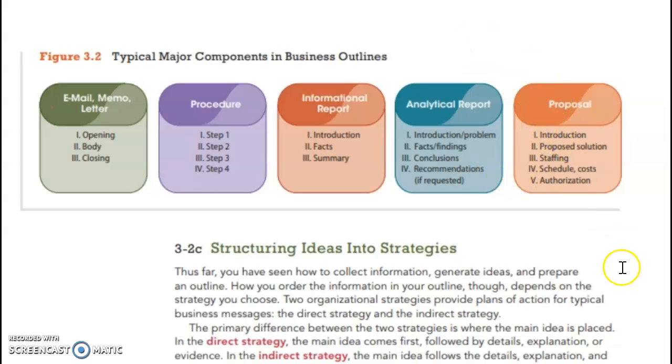This is pretty formal. You're going to have an introduction, a proposed solution, staffing, the schedule, cost, and authorization. So you can see here that the flow and the outlines are going to be different based on what kind of report or message you're delivering.